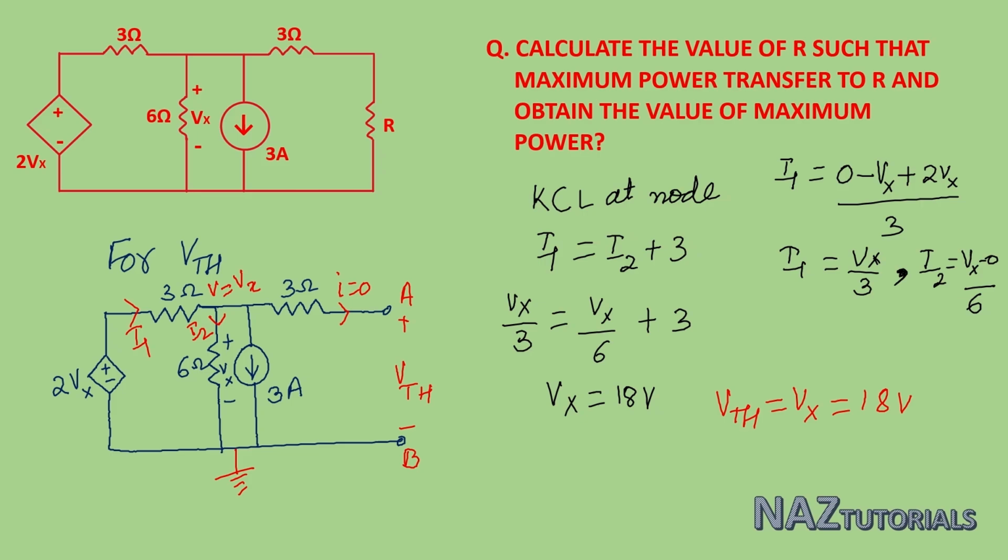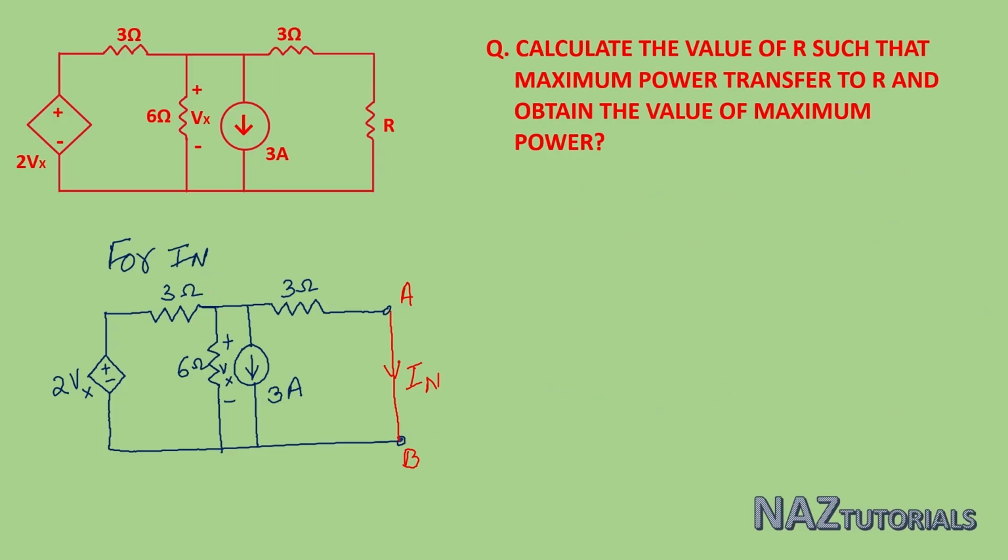Now calculate Norton's current for the calculation of resistance R. For the calculation of Norton's current, we will short circuit the load terminal, and this current is defined as Norton's current. This Norton's current can be calculated by simple nodal analysis. So apply nodal analysis in this network. Same concept: assume a reference node and other node voltage.